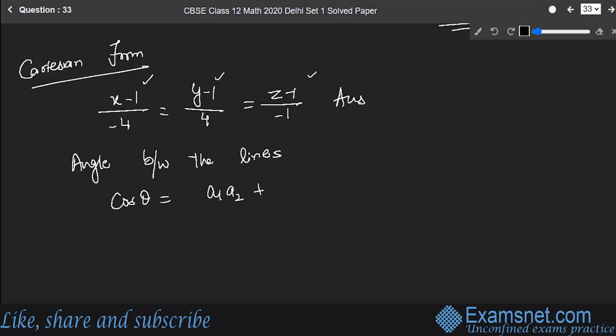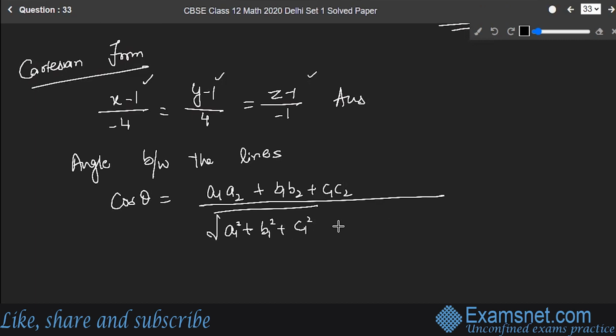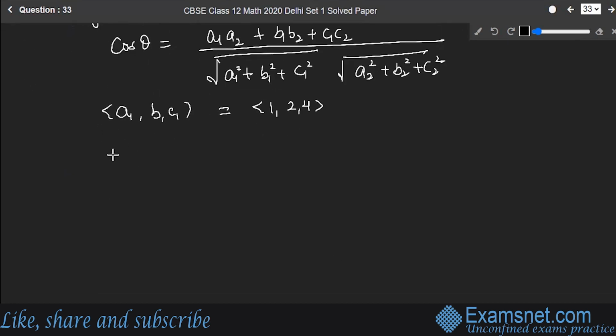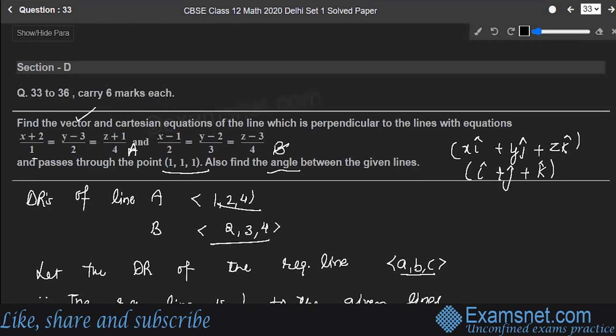Cos theta is equal to (A1 A2 plus B1 B2 plus C1 C2) whole divided by the magnitude, that is root of A1 square plus B1 square plus C1 square multiplied by root of A2 square plus B2 square plus C2 square. Here you have A1, B1 and C1 as 1, 2 and 4 and A2, B2, C2 as 2, 3, 4, right? So from here 1, 2, 4 and 2, 3, 4.